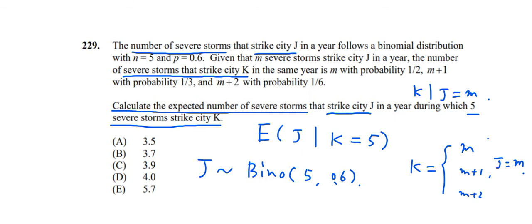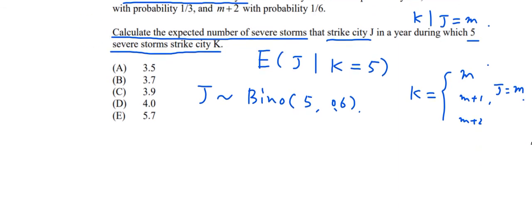For this expectation, given K, we want to find J. So we want to find the probability that J equals j when K equals 5.